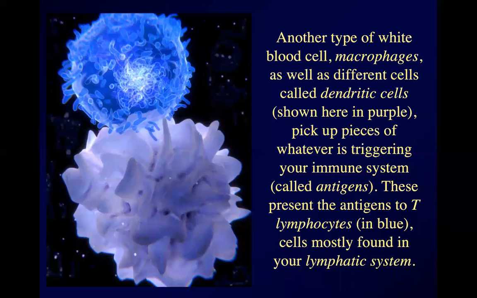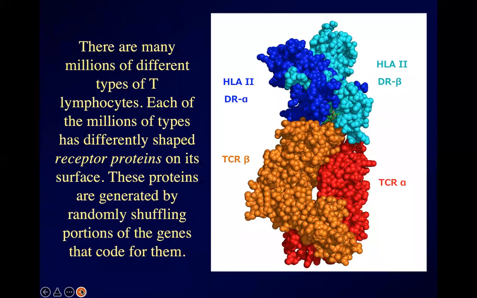What he's checking for is swollen lymph nodes. Lymph nodes are these lumps of tissue that are connected to each other by lymphatic vessels. And the whole thing makes up your lymphatic system. And lymph nodes tend to enlarge when you have a nearby infection. Why do they enlarge? Well, they're full of T lymphocytes, and there are millions of different types of T lymphocytes.